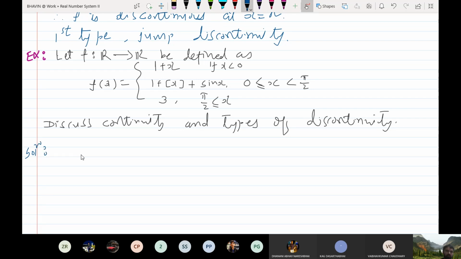So here the definition is this. See, box of x is included, so I should remove this square bracket. Okay.